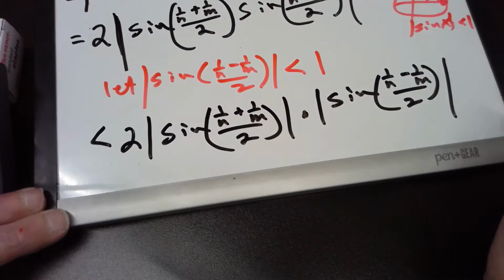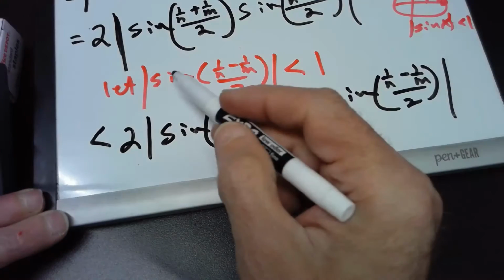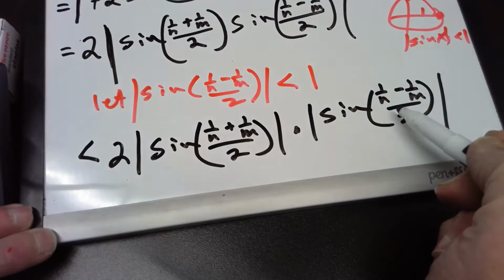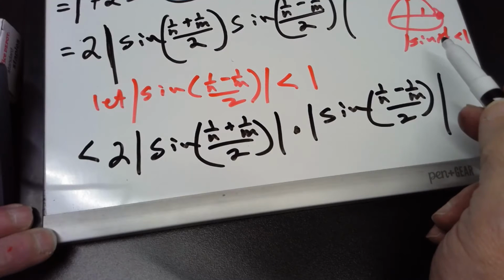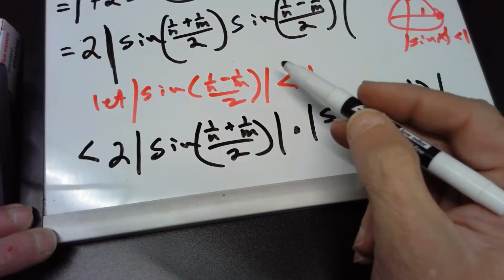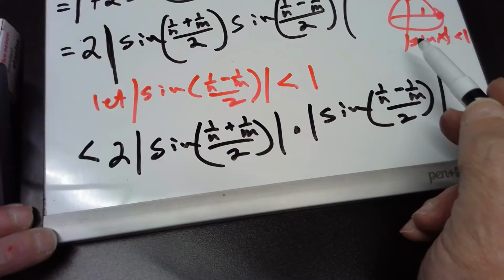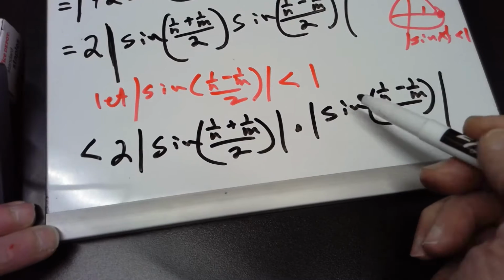And now we're saying that we're going to let this expression be less than 1, because if sine x is less than 1, then all of this is going to be even less. So that's less than 1.